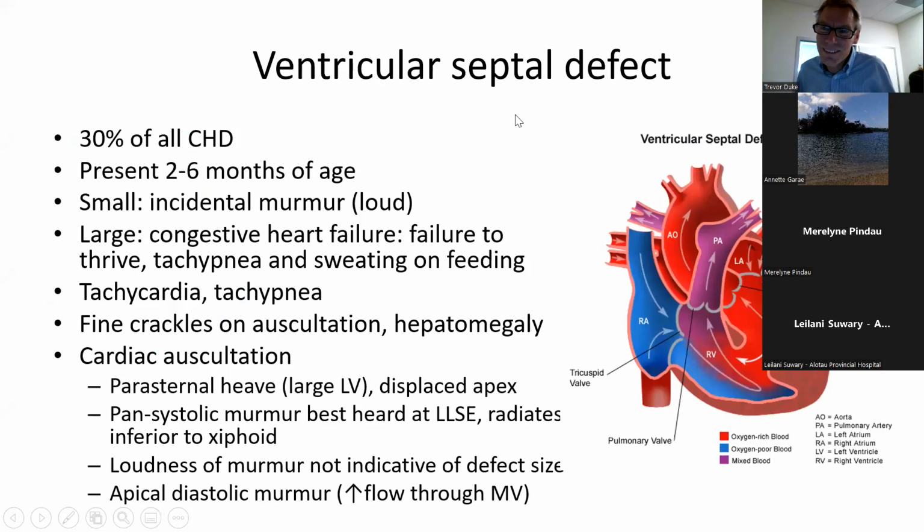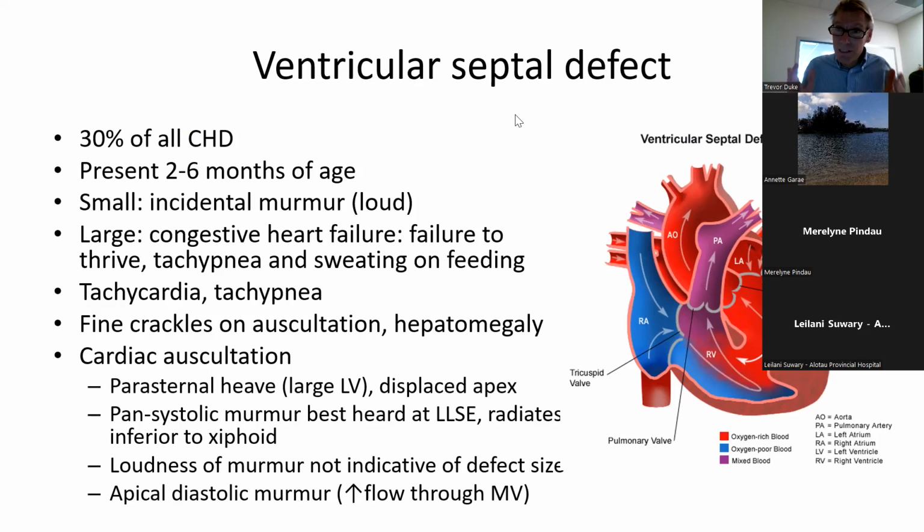So, as I said, VSDs are the most common form of acyanotic congenital heart disease. They cause about 30% of all types of congenital heart disease. They present usually at 2 to 6 months of age. It's very important to understand the typical age of presentation and the way they present. Sometimes they present just with an incidental murmur, like you hear a murmur in an otherwise well child, and sometimes they present with congestive heart failure.